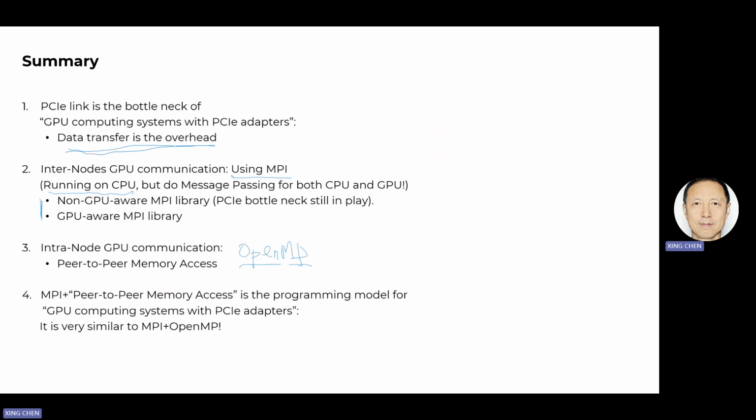Finally, we did a comparison between MPI plus OpenMP, this mixed mode programming model for the CPU, and MPI plus peer-to-peer memory access for the GPU.